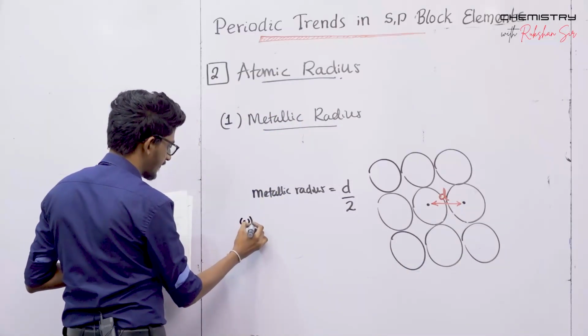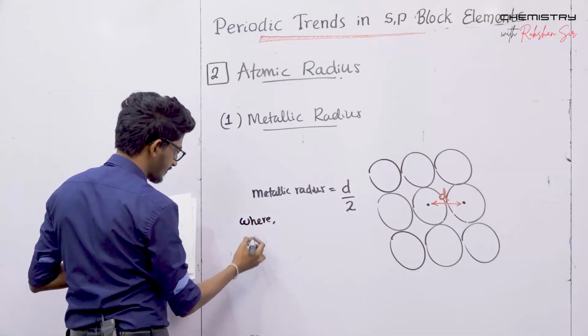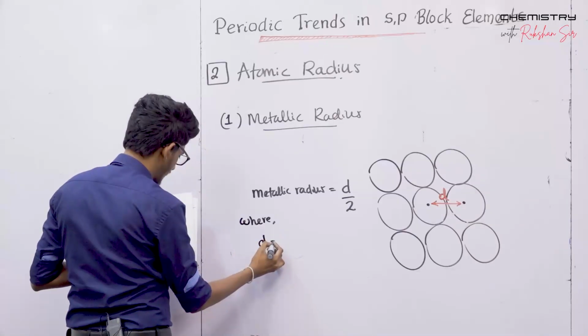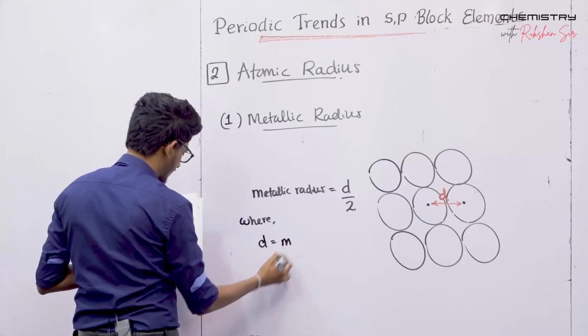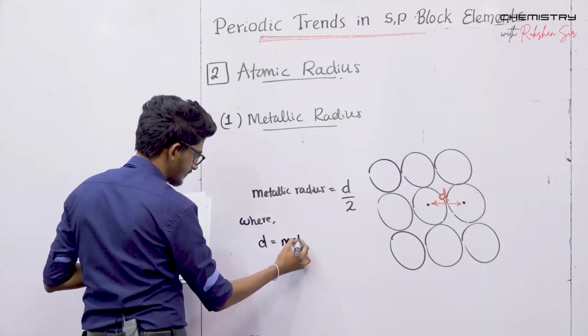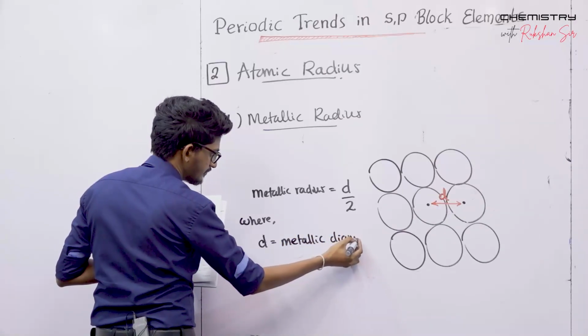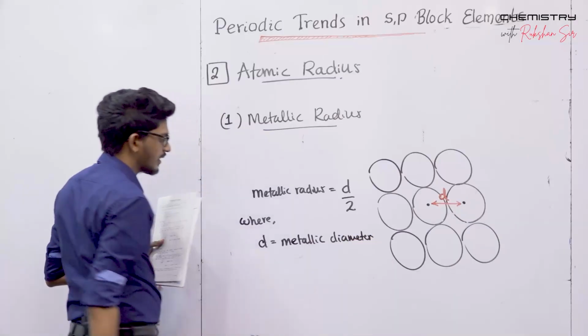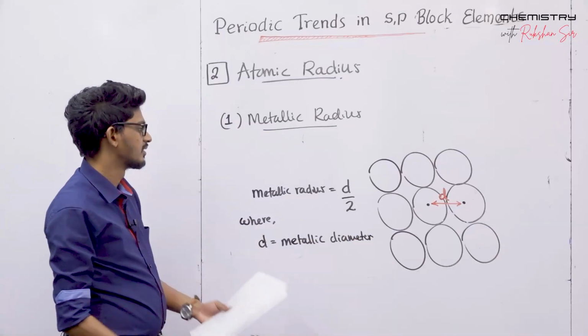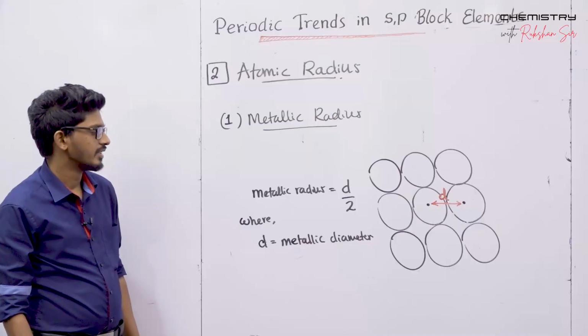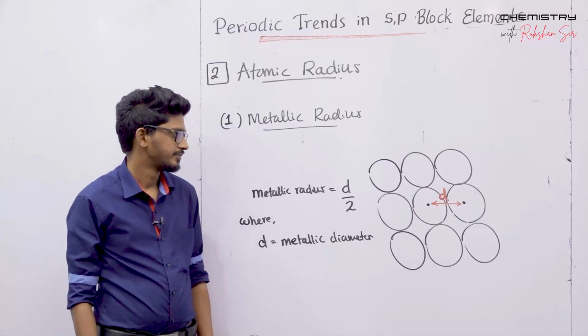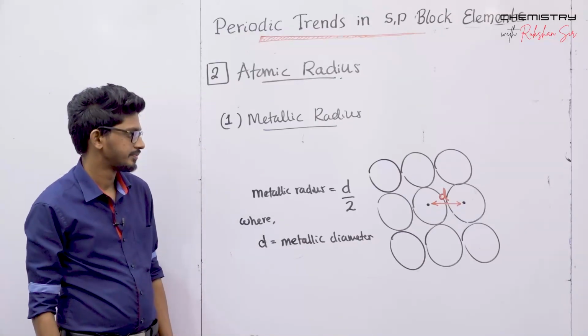Here d is the metallic diameter. Now, this is how the metallic radius is defined or calculated.